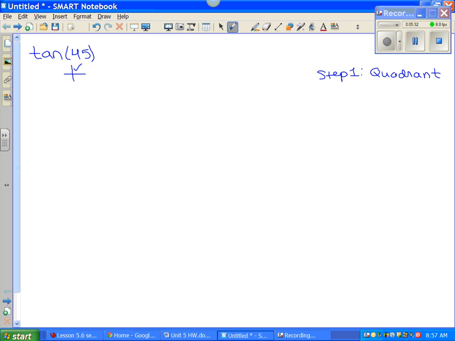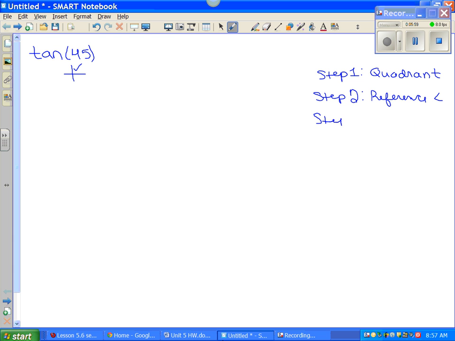First quadrant, yeah. Step 2, you're going to determine the reference angle of the angle. What's the reference angle for this one? 45, yeah. That one's nice and easy for us. It's already done.